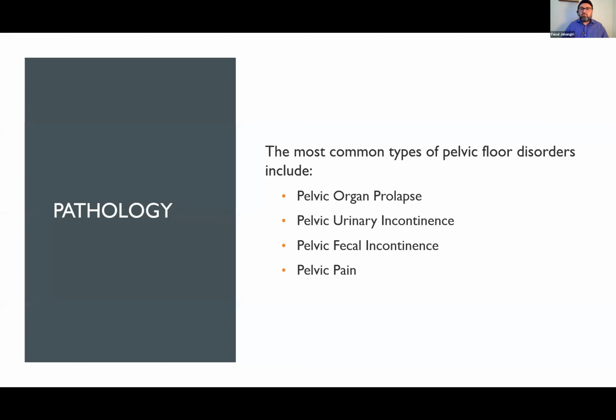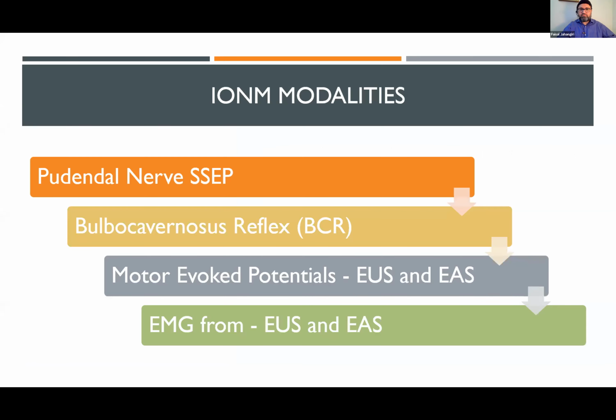Most of the time, these are the common disorders we see in clinic. Patients come with pelvic organ prolapse, single or multiple organ prolapse. They have urinary incontinence, fecal incontinence, or pelvic floor disorders.